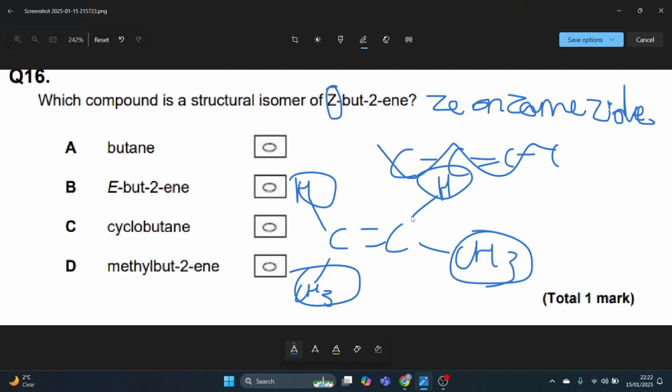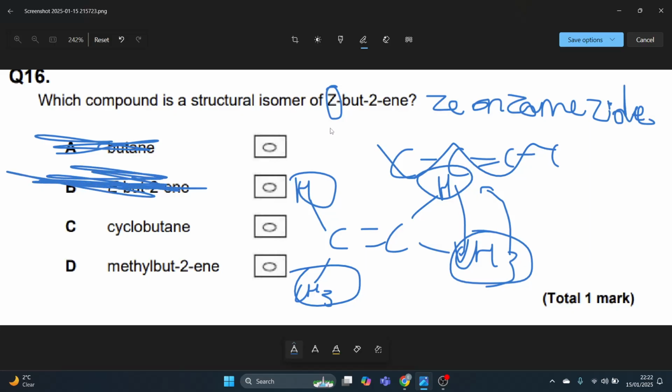Oh no, E-butene. So they're opposites of each other. So all that's happening is this is going here and that's going here. So now they're opposing each other. That's not a structural isomer of it. Not going to be butane or E-butene.